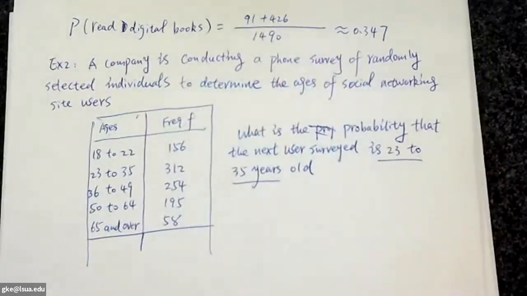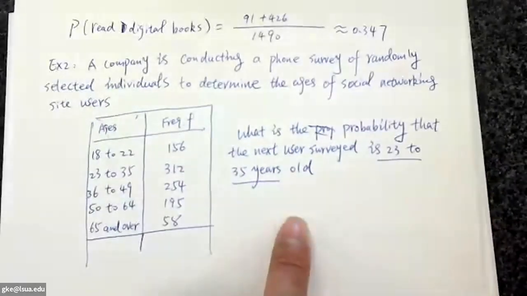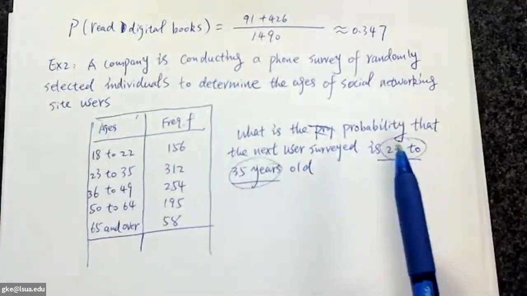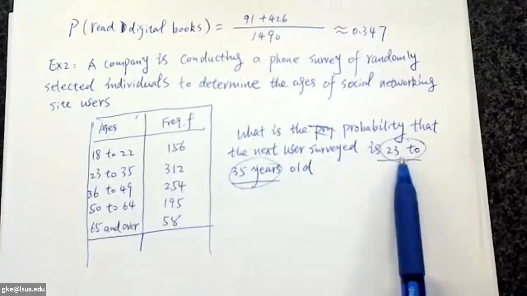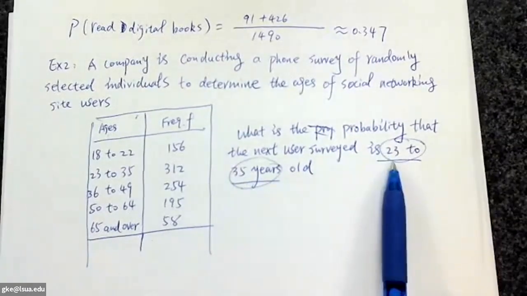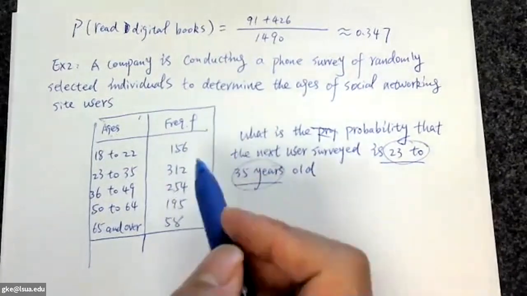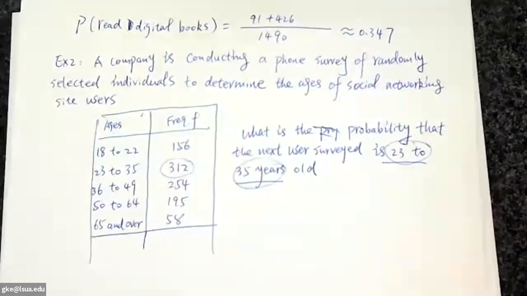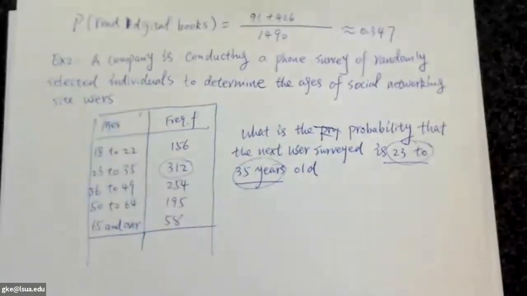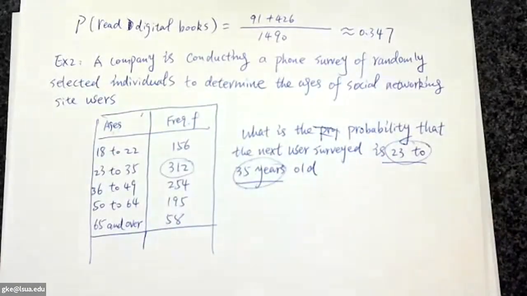Based on the empirical probability formula, for the numerator we find the frequency for this event, and we can check the table. The frequency for 23 to 35 years is 312, right? And the denominator is the total frequency.